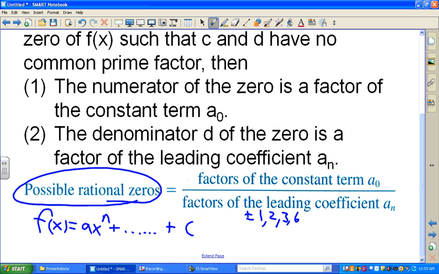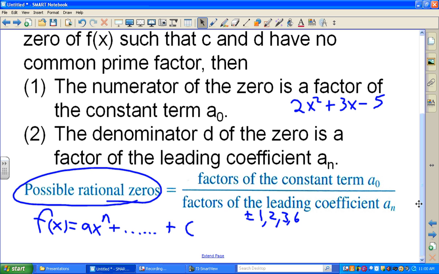Okay? So if you had the equation 2x squared plus 3x minus 5, I know by looking at that the answer is not going to be 7. I know the answer is not going to be 4, or 3, or 105.